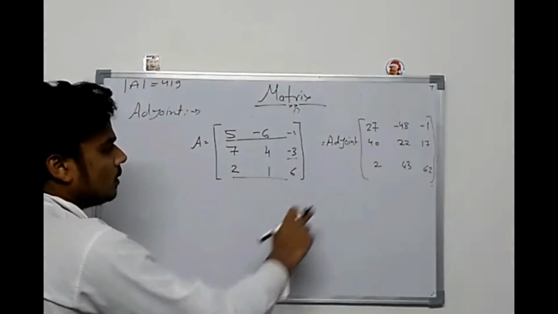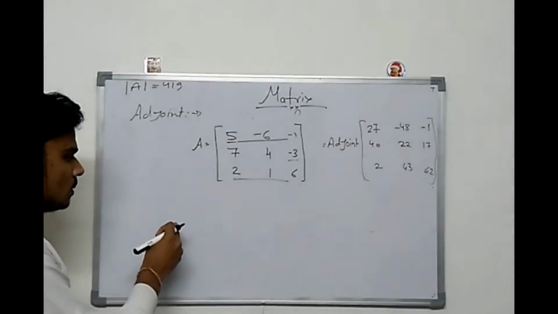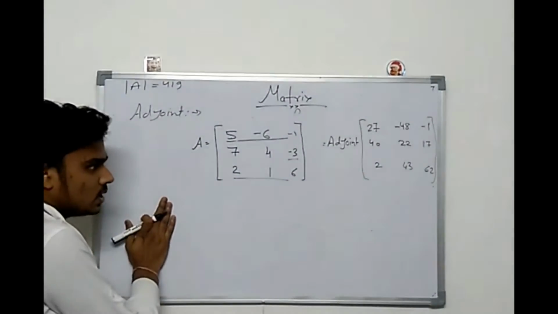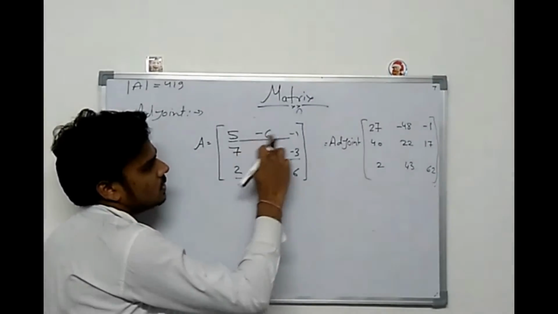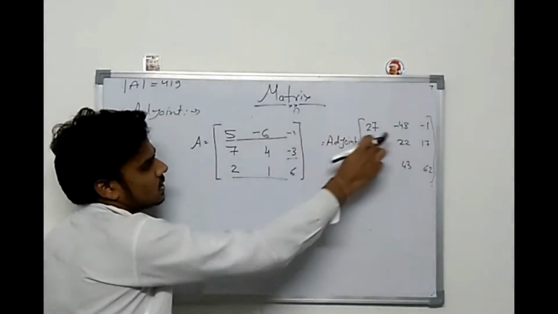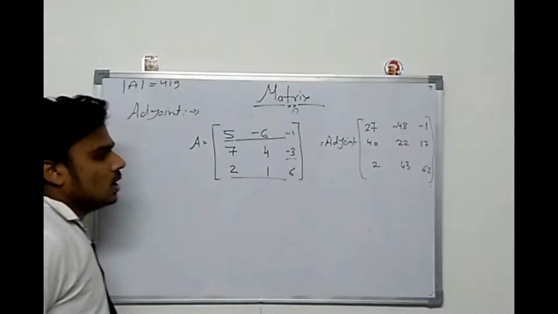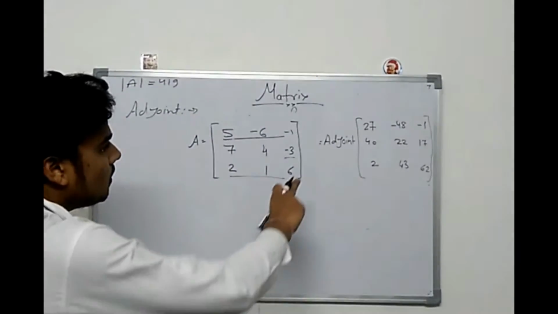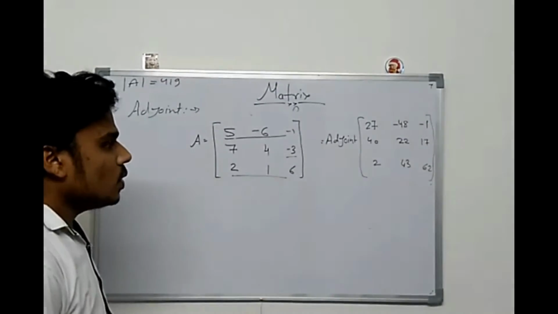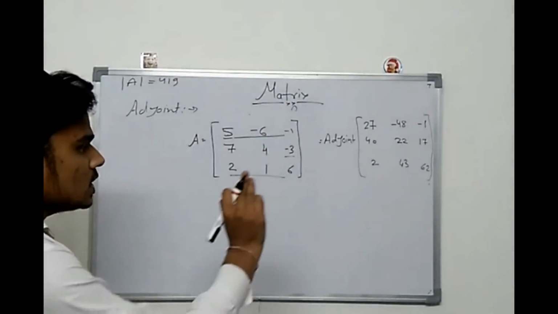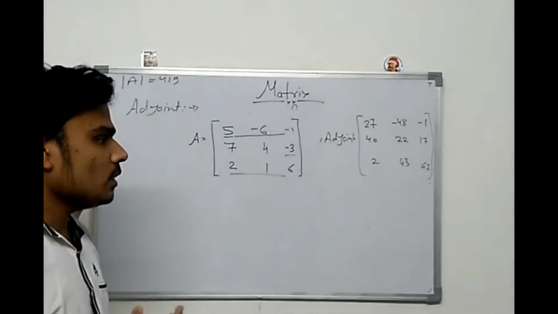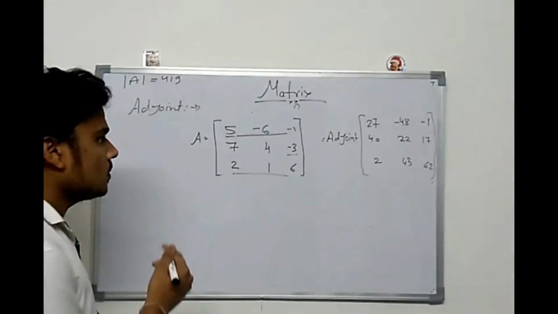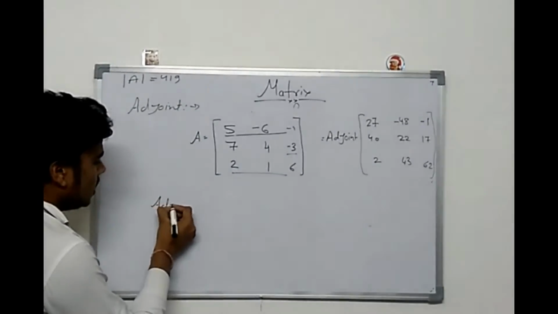All of these values will be solved over the cofactors, 27, minus 48. These are the cofactor values. Okay, and then we find the adjoint. The adjoint is found by taking the transpose of this matrix. How can we do the transpose of this matrix?